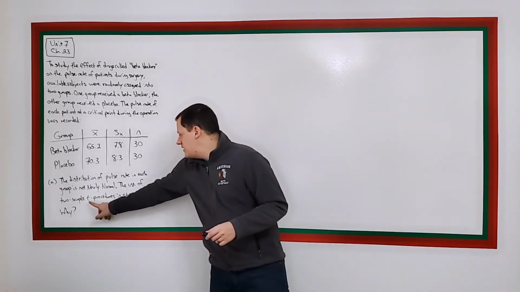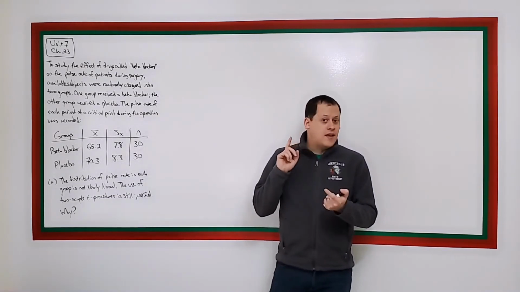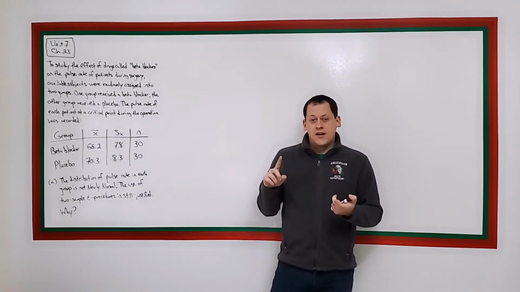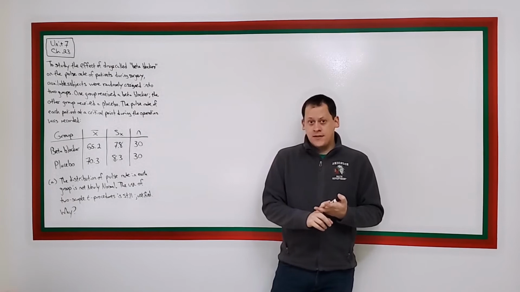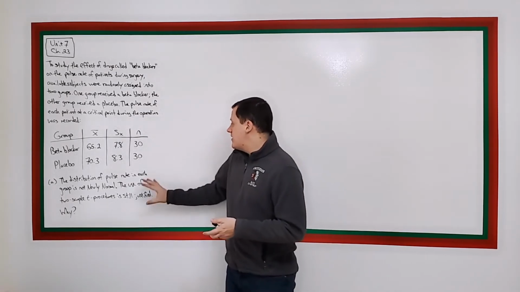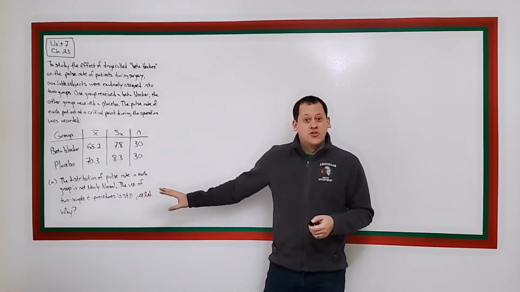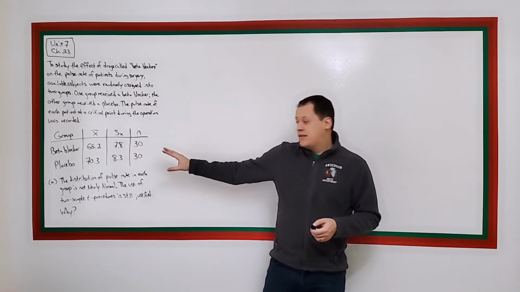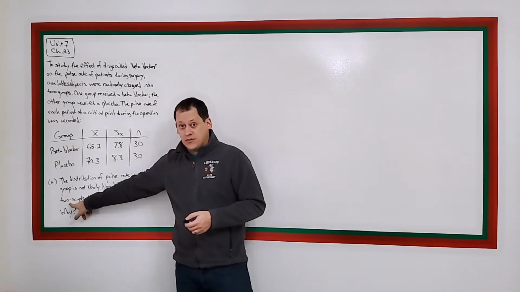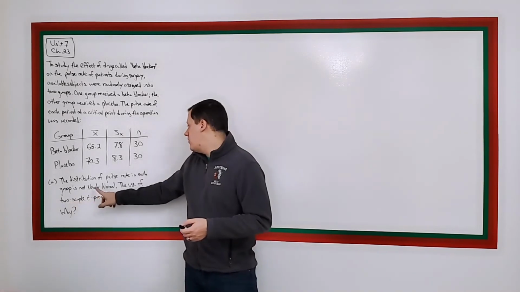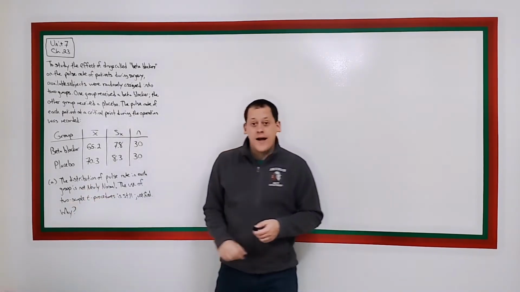By T procedures, we're talking about making a confidence interval, and we're talking about conducting a hypothesis test. What this is saying is we should be able to do that with this data set. Two samples, even though the distributions are not nearly normal.